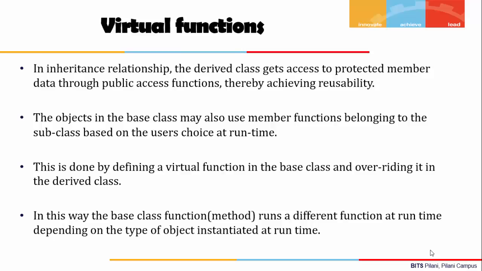To do this, we define a virtual function, that is, a virtual keyword is there in the base class and it is overridden in the derived class. So this was the introduction to virtual functions. Now we will see an example.